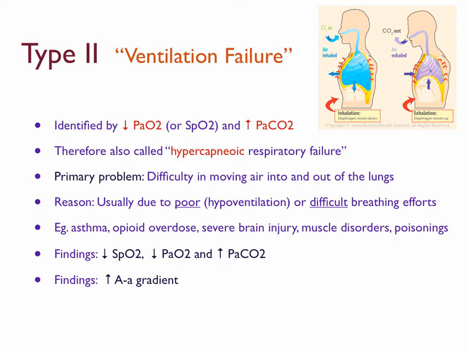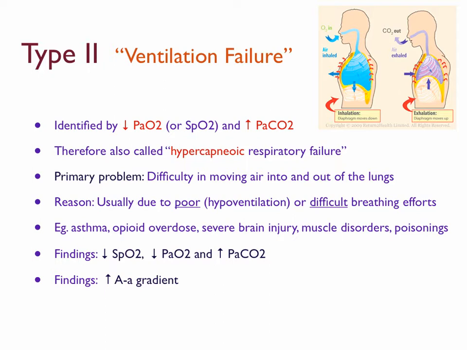This is identified by a low PaO2, because we cannot get oxygen inside, and at the same time a high PaCO2, because we cannot breathe out enough carbon dioxide. And therefore this is also called primarily hypercapnic respiratory failure. The problem being difficulty in moving air into and out of the lungs.